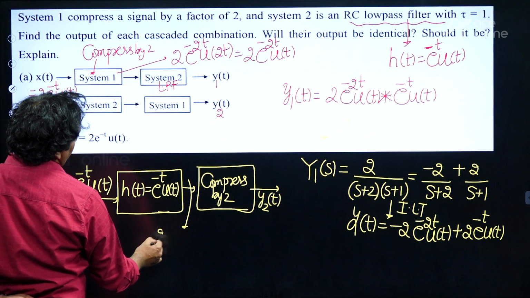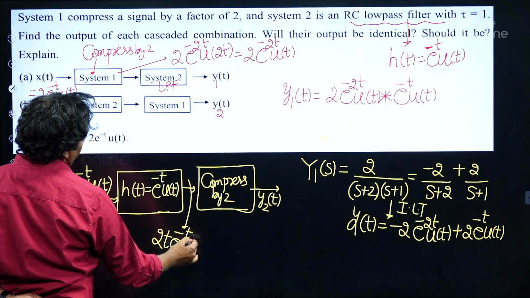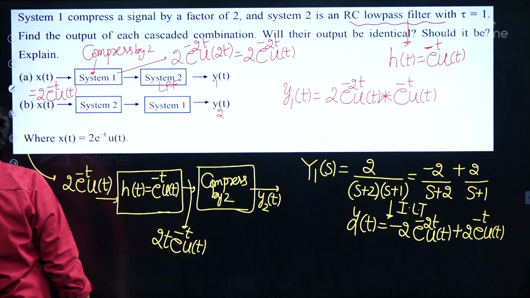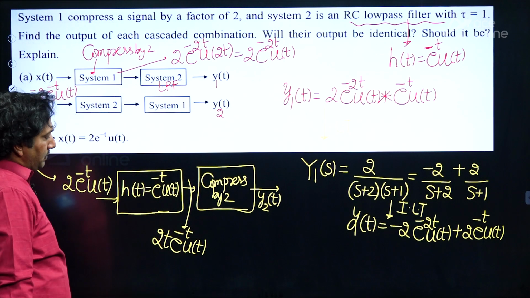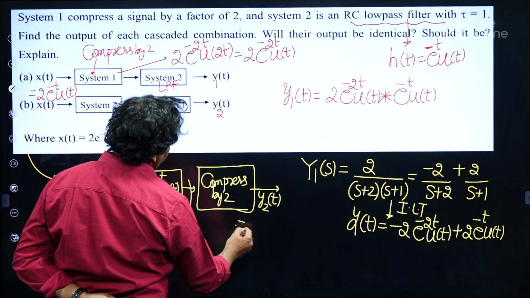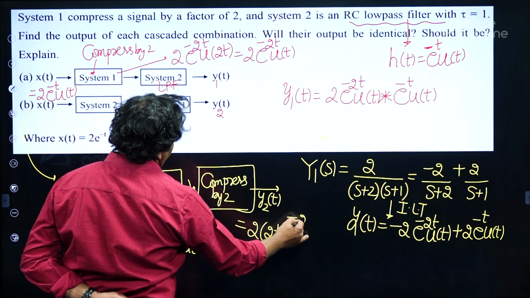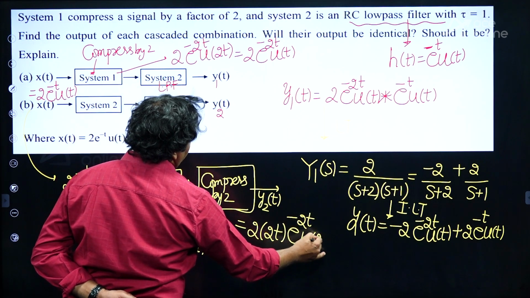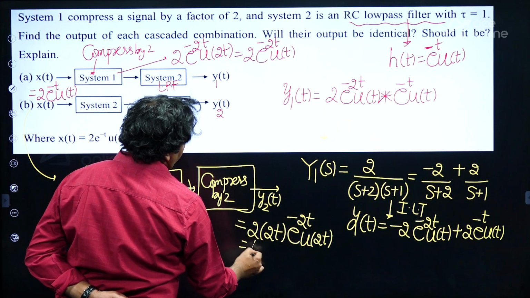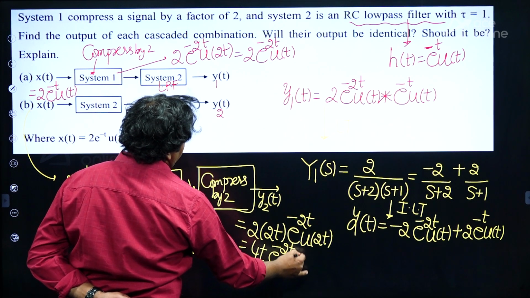This is simply the convolution of these two, that is t e^(-t)u(t). You are all aware: e^(-at)u(t) convolved with itself means 1 by (s+a) whole squared, a standard relation. Here t is replaced by 2t. Of course, we got that as 4t e^(-2t).